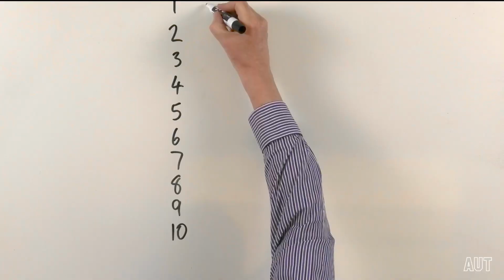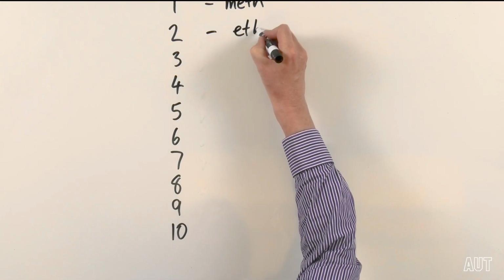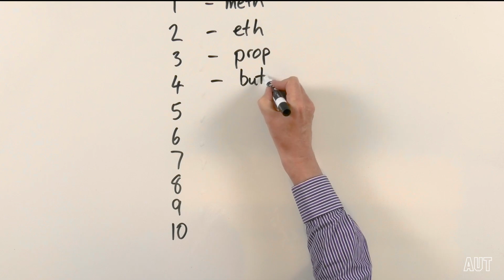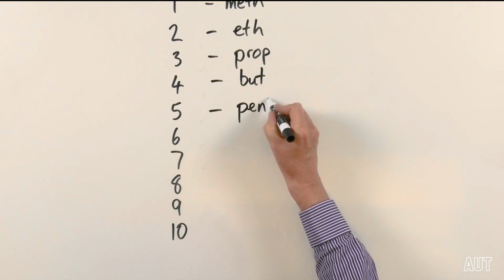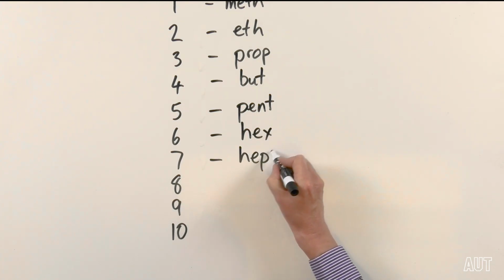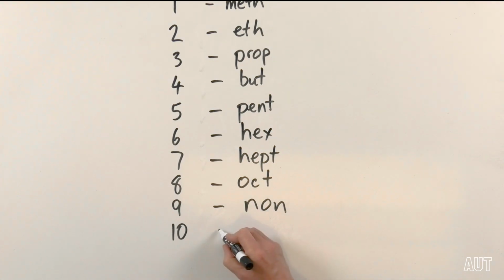And this is stuff that, dare I say it, you will have to commit to memory. They won't be giving you this on your cheat sheets for exams. You need to know this. So here we go, how to count to 10 in chemistry. 1 is meth, 2 is eth, 3 is prop, 4 is bute, 5 is pent, 6 is hex, 7 is hept, 8 is oct, 9 is non, and 10 is dec.